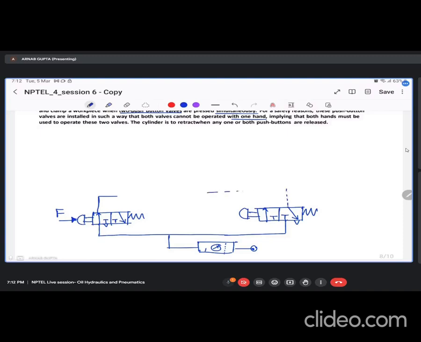Now both this flow should be directed through the shuttle valve.